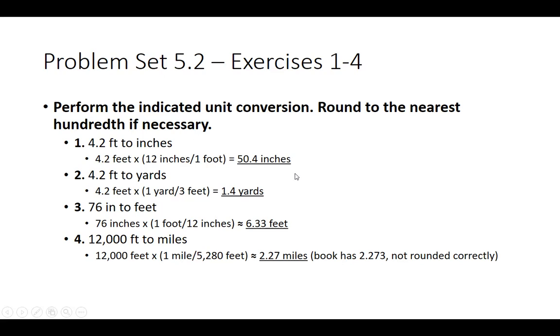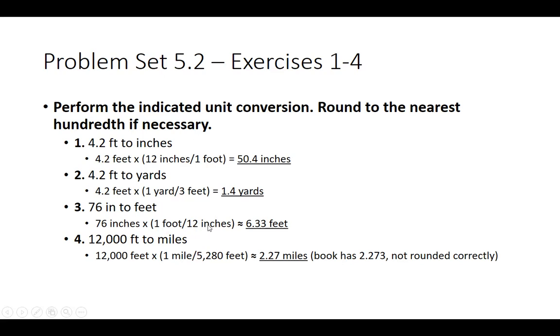In number 3, we're starting with 76 inches and we want to convert to feet. Since we're starting with inches, we need to cancel inches out. Inches needs to be on the bottom of our conversion factor. Since we want feet, feet has to be on the top. 1 foot over 12 inches would be our conversion factor.